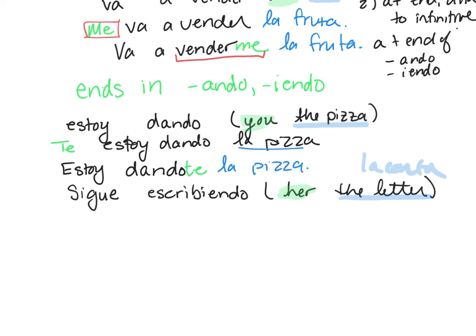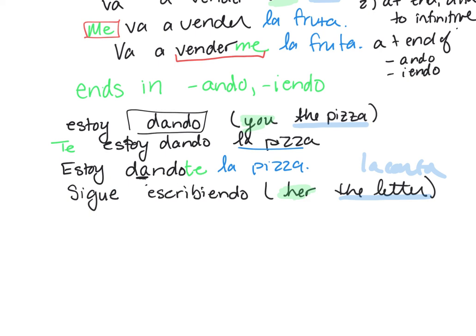Okay, now, dándote. This is one word and it's longer. If we go with our rules from previously, remember that words that end in vowels, n's, and s's, the stress should be on the second to last. So we're going to look at dando before we put the te on. We had 1, 2, dando. So your stress should be here. It was there, and that's why we did not need an accent on this. But once we added on a syllable with the te, the word is longer, and that da that has our stress now is not on the second to last where it's supposed to be.